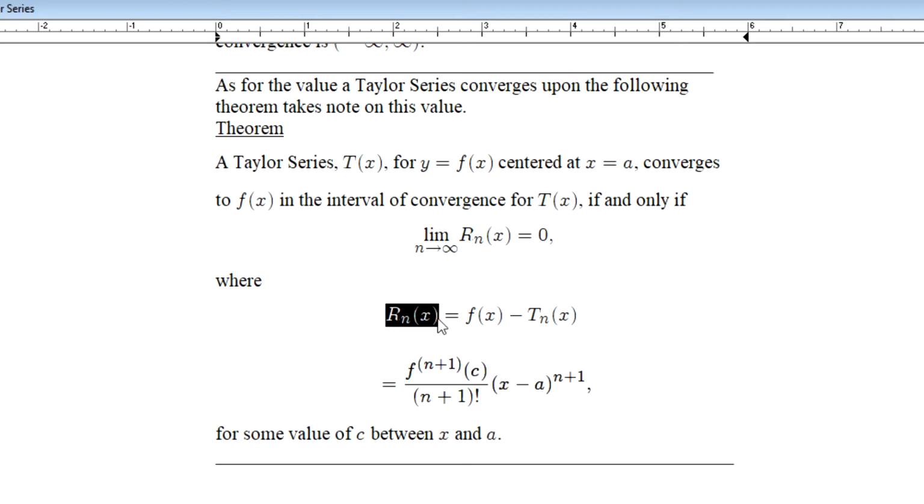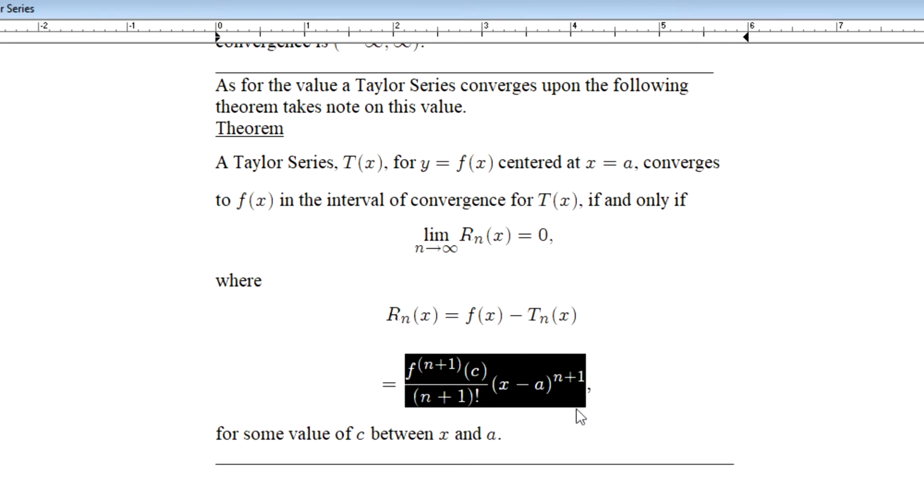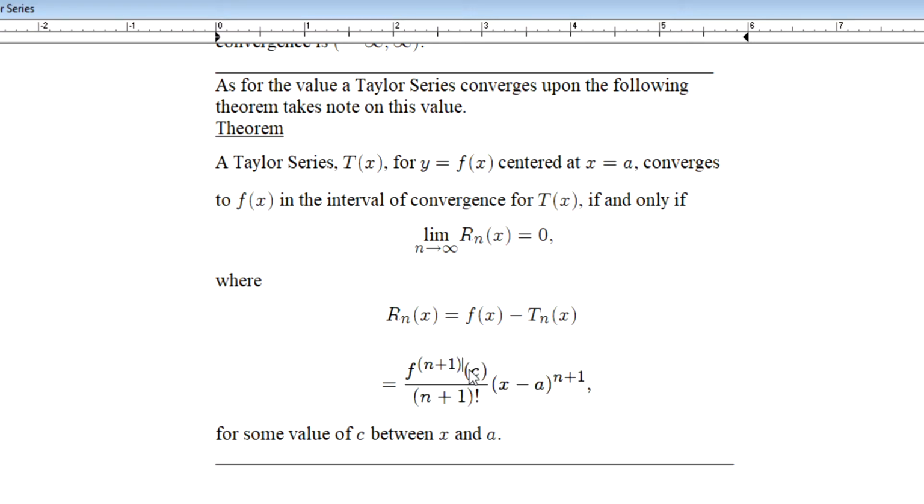And R sub n of x, the remainder, would be equivalent to that term at some value of c between x and a, where this Taylor polynomial is centered.